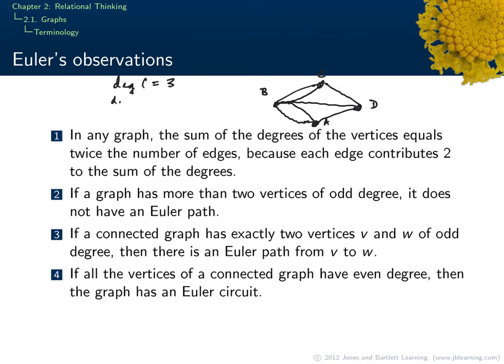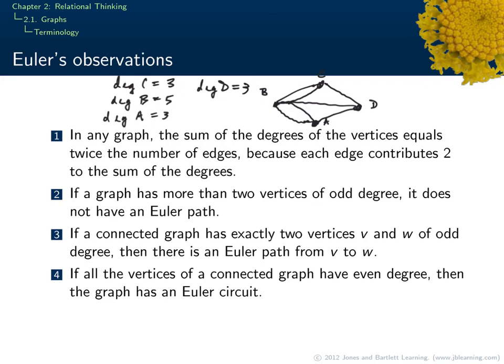The degree of B, we count 1, 2, 3, 4, 5 edge touches, so that's 5. Degree of A would be 3. And the degree of D equals 3. So all of the vertices of this graph are of odd degree.